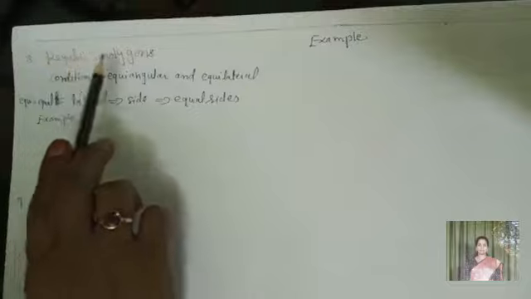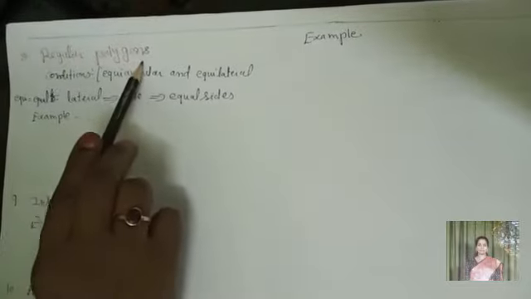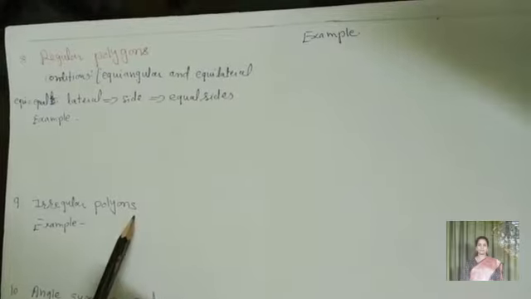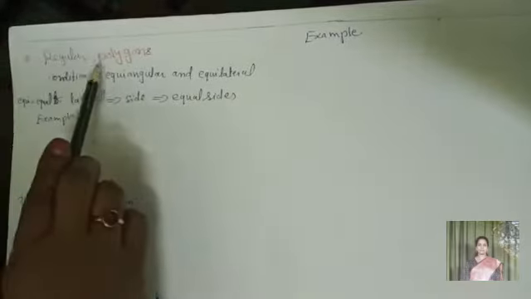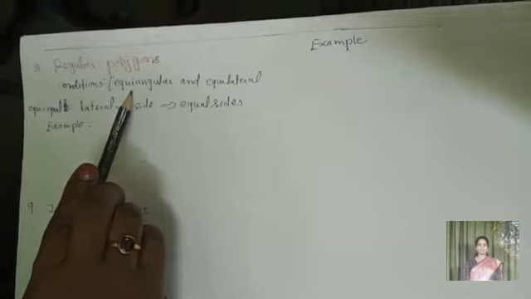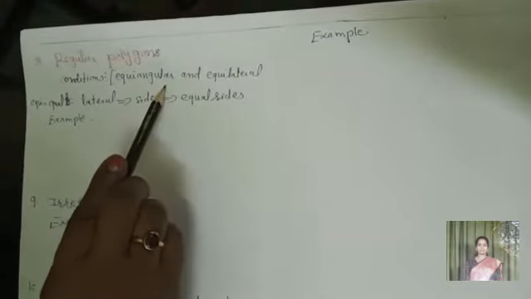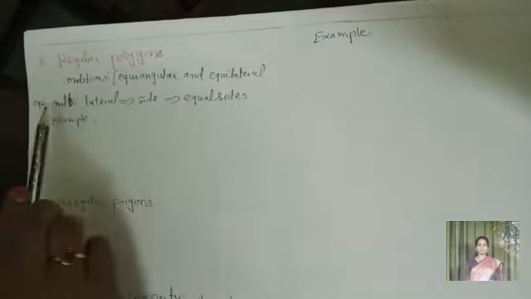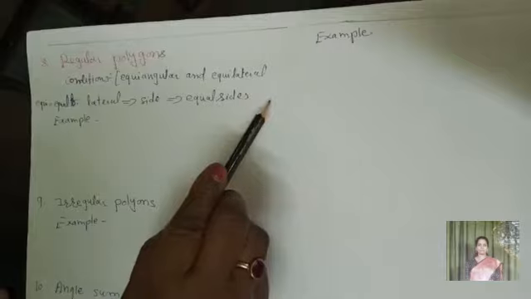Now let us see which polygons are called regular polygons and which polygons are called irregular polygons. A regular polygon is a polygon that is equiangular and equilateral. Equi means equal, lateral means side, so equal sided polygon.